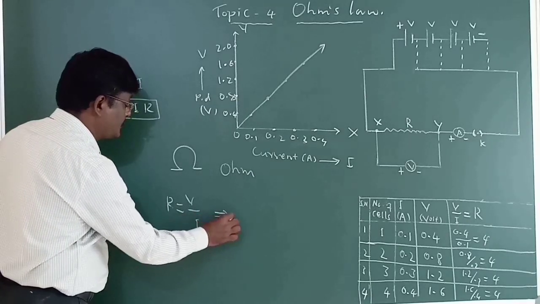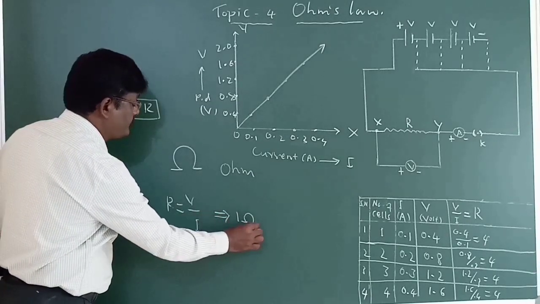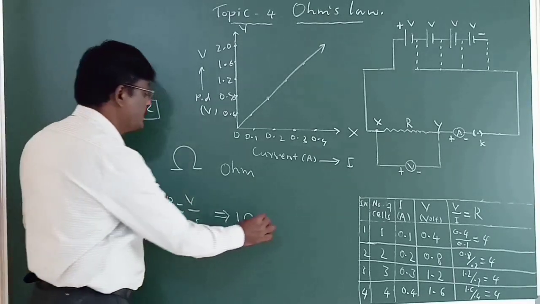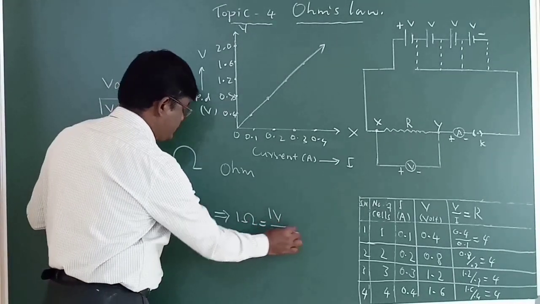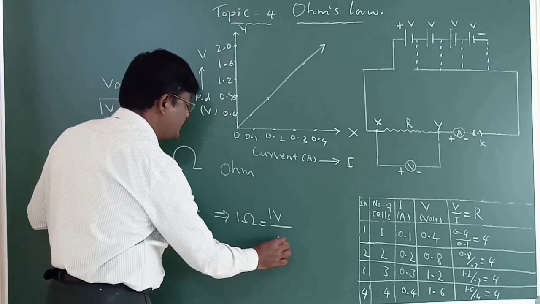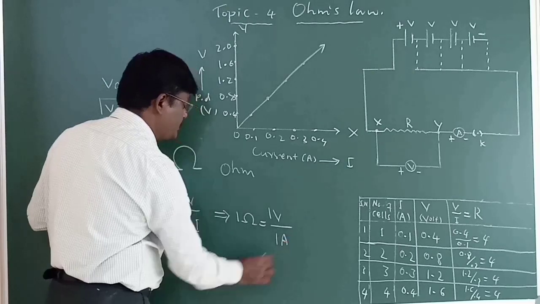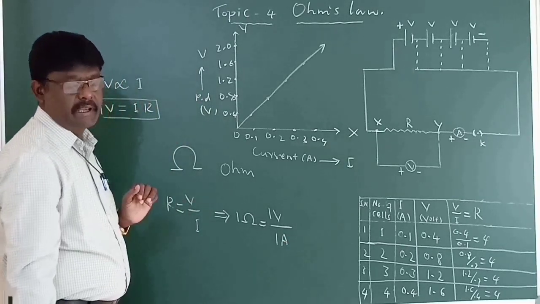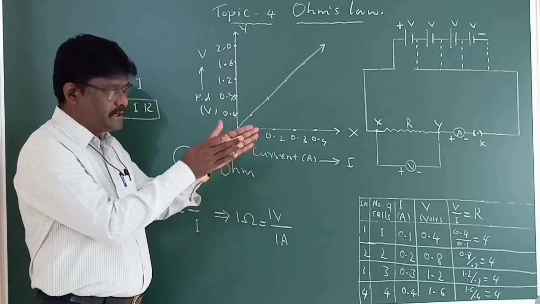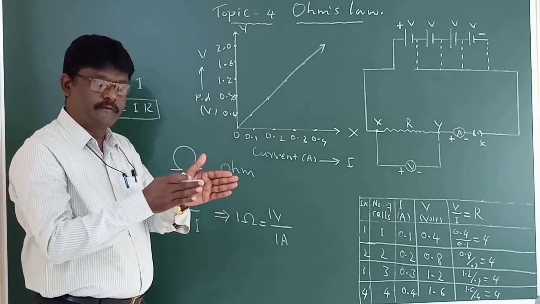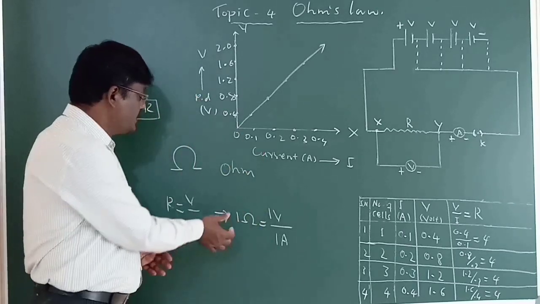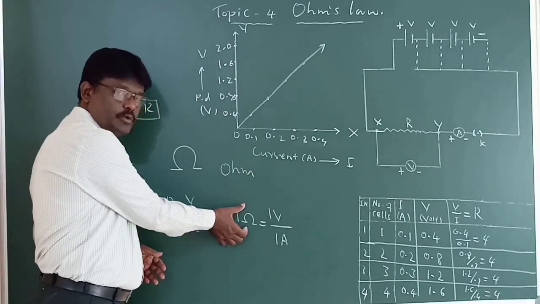Hence, 1 ohm equals V, potential difference, 1 volt, by I, the SI unit of electric current, 1 ampere. Therefore, in the presence of 1 volt potential difference, if 1 ampere current flows, then the resistance exerted by the conductor is said to be 1 ohm.